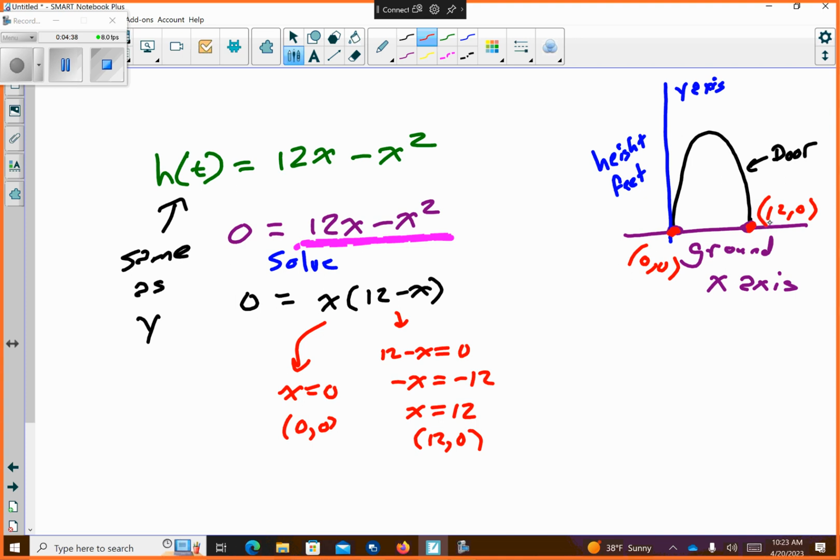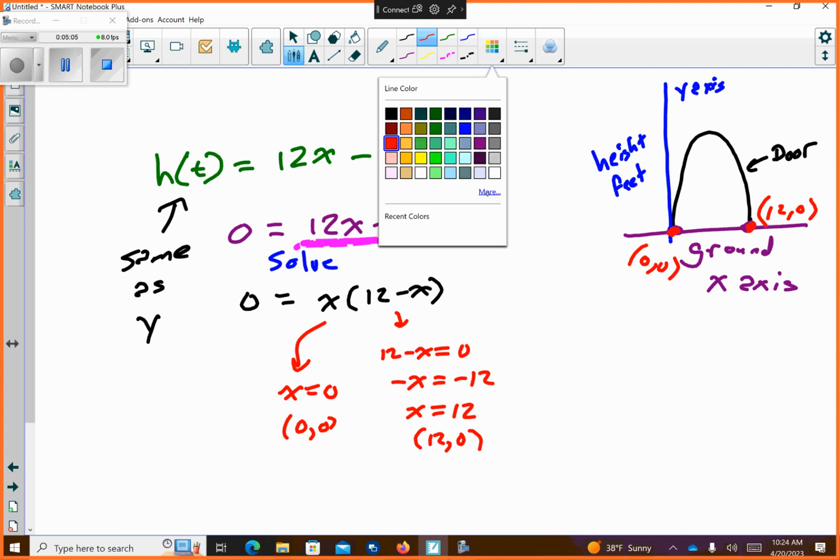Does everyone feel comfortable so far with what we have done? Okay? And notice I didn't make things real fancy. I just said, hey, we have some information here. We have this door that happens to look like a parabola. It is what it is.